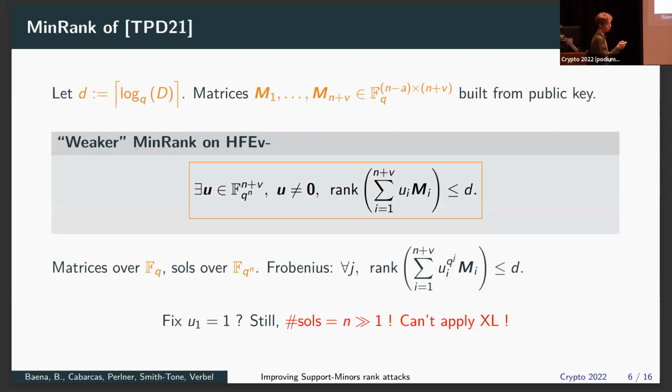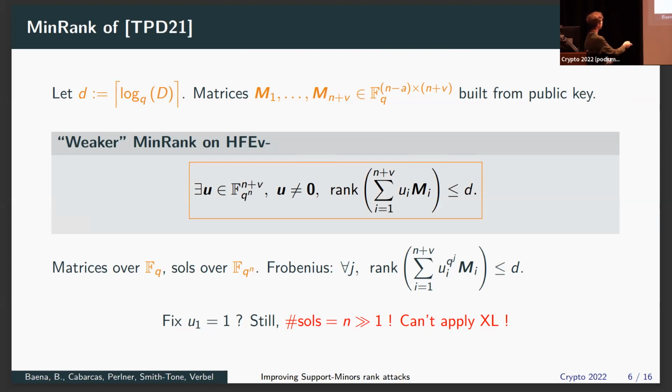So actually, our attack will rely on the same MinRank problem which was introduced by Tao et al. last year at Crypto. So here, the target rank is small d, which is the logarithm of the degree of the univariate polynomial. And this attack works by constructing some matrices over F_q, M1 to Mn plus V, that you can easily generate from the public key.